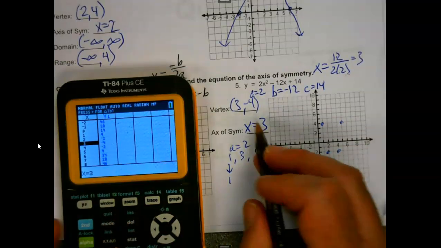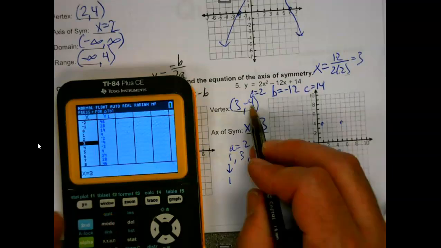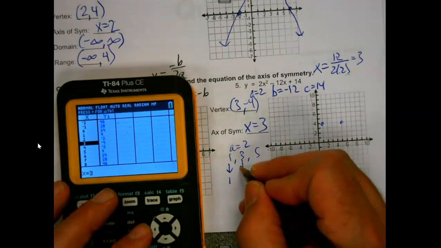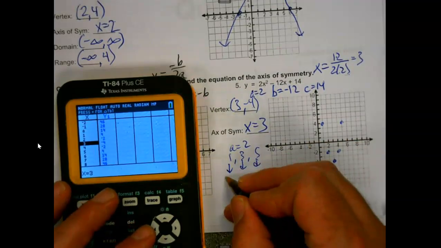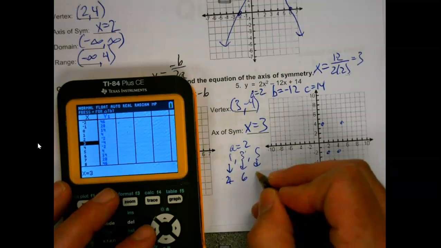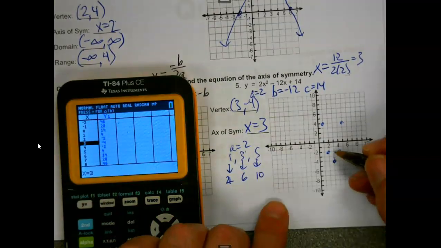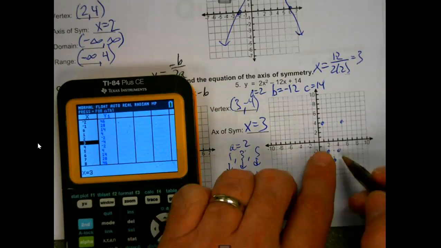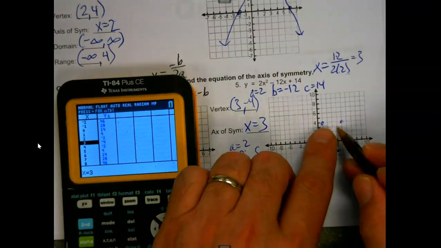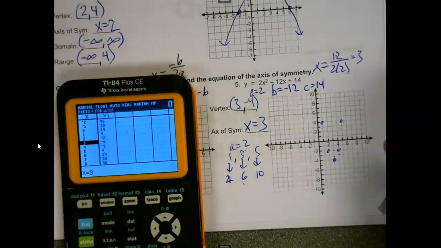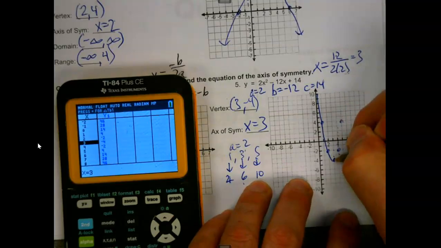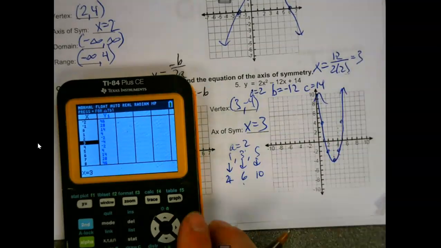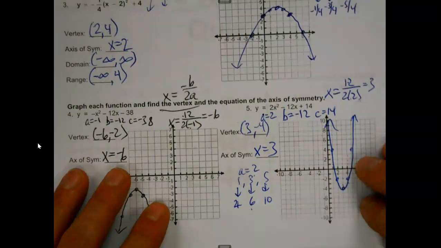Yes, I would have had to plug this 3 in there to figure out the Y value. I mean, that might have taken me a little bit of time. But if I multiply all these by 2, up 2 and over 1 each way, up 1, 2, 3, 4, 5, 6, and over 1 each way, you got options, people. You got lots of options.